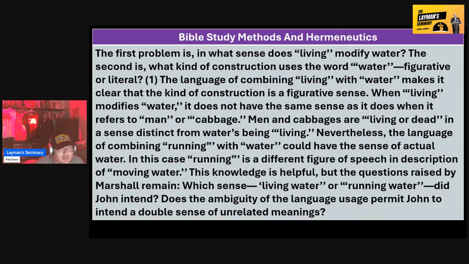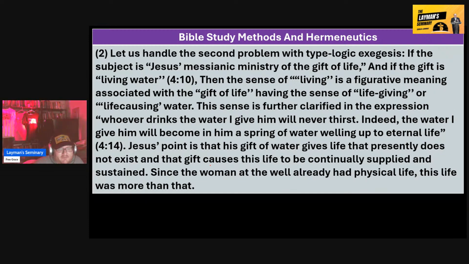In this case, running is a different figure of speech in description of moving water. This knowledge is helpful, but the question raised by Marshall remains: which sense, living water or running water, did John intend? Does the ambiguity of the language usage permit John to intend a double sense of unrelated meaning? You can get sick from stagnant water, so it's possible.